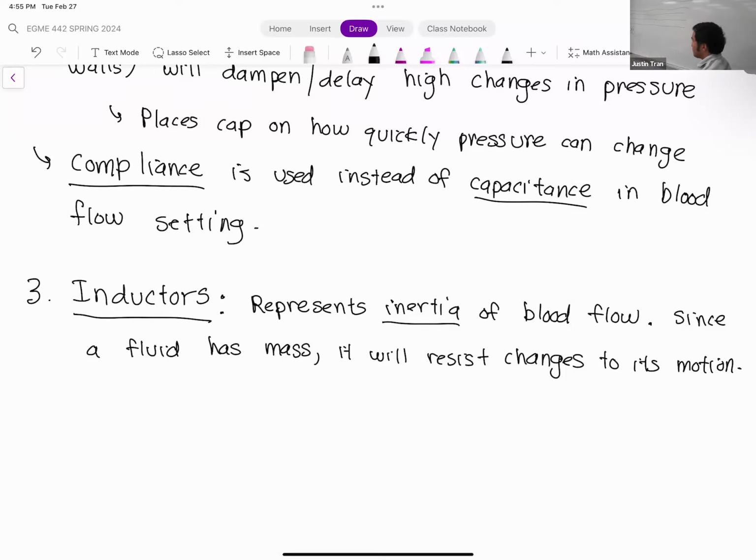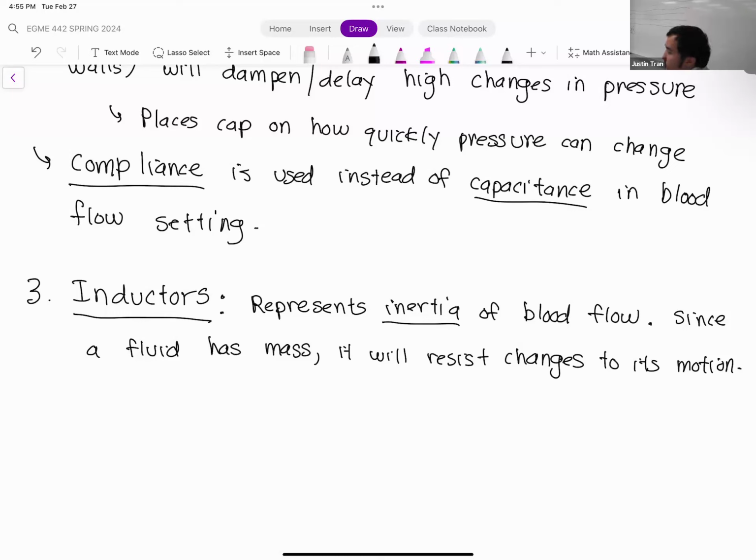That goes for anything. Let's say we have that bottle of hand sanitizer. If I were to push it, it would take a while for me to yeet it off the table because that thing has mass. It would take a lot of force and some time.